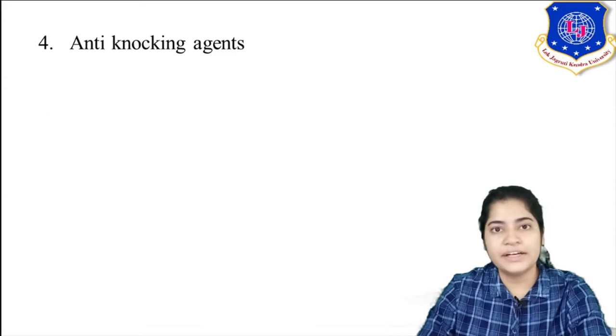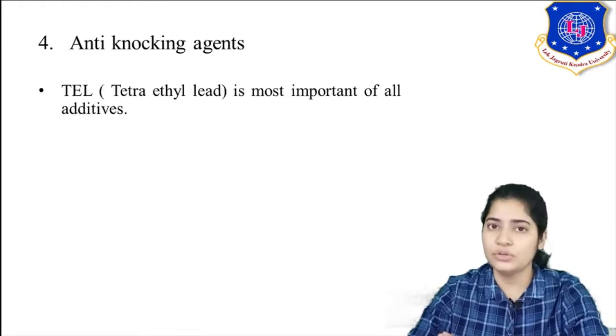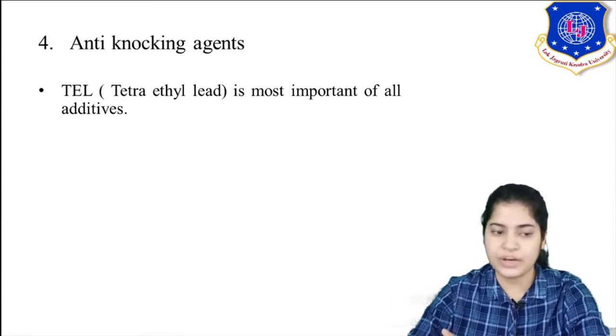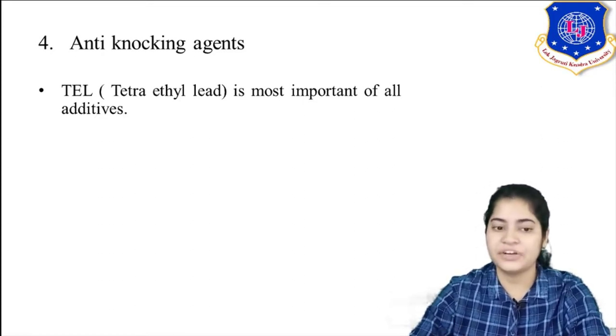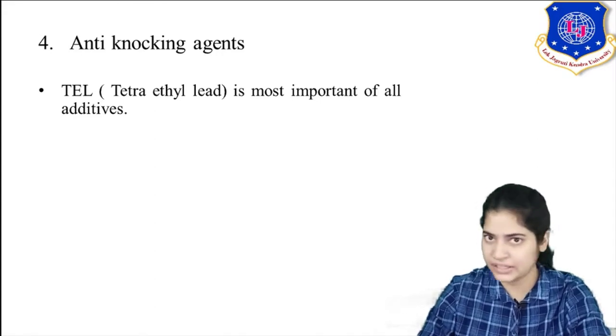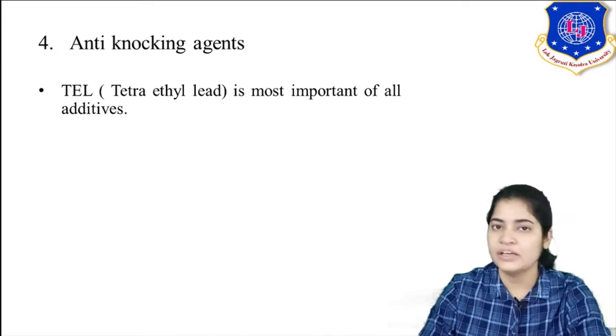So certain additives are added into gasoline which avoid the knocking characteristics of fuel. What is the most important kind of additive which you add? TEL, that is tetraethyl lead. Nowadays the use of lead has decreased. Nowadays we have a new kind of additive, that is MTBE, instead of TEL.